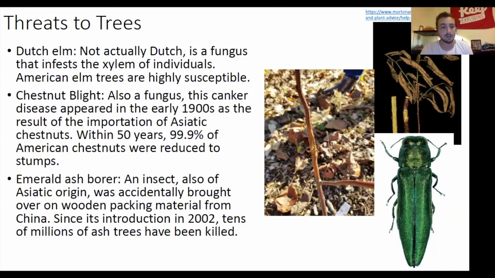A more recent one, emerald ash borer, has come in since 2002, and it is an insect that just reproduces extremely well, and then once they all get into one tree, they can decimate it within a year. Even mature trees, if there are enough borers, can die within one growing season. So since its introduction in 2002, tens of millions of ash trees have been killed, and this is still happening.